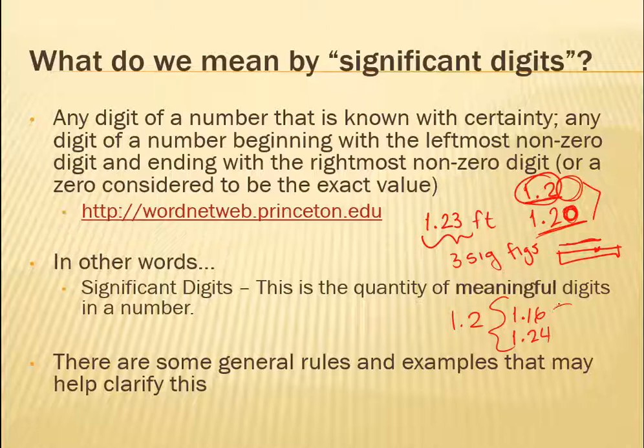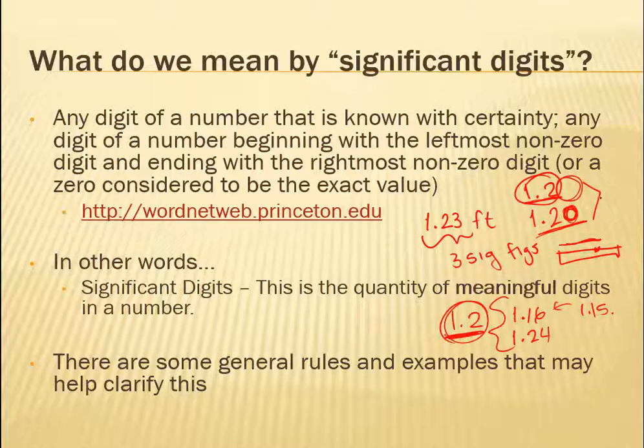This could even be like 1.15, etc., or 1.5 and more digits. Long story short, these are the digits that mean something, but it means that I have a range.